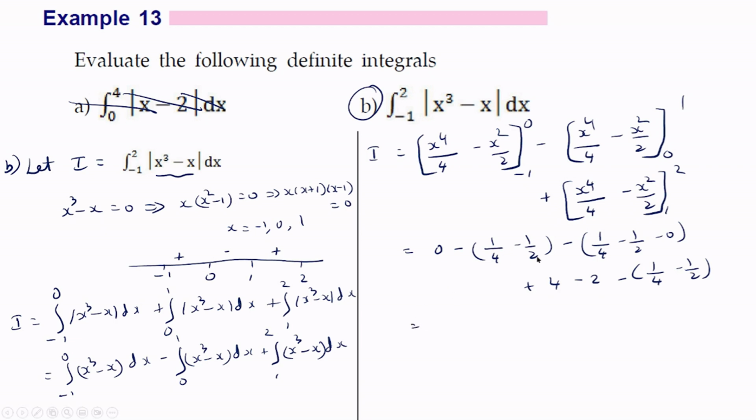So 1 by 4 minus half is minus 1 by 4, so minus of minus 1 by 4 is plus 1 by 4, and here also minus of minus 1 by 4 is plus 1 by 4, then 4 minus 2 is 2, and here also minus of minus 1 by 4 is plus 1 by 4. So this is 2 plus 3 by 4, which is 11 by 4. Therefore the value of this integral is 11 by 4.